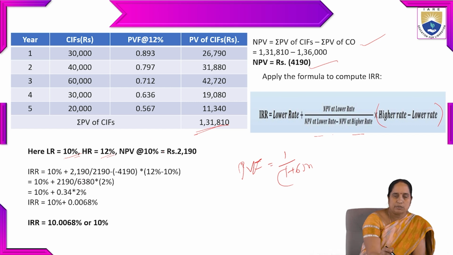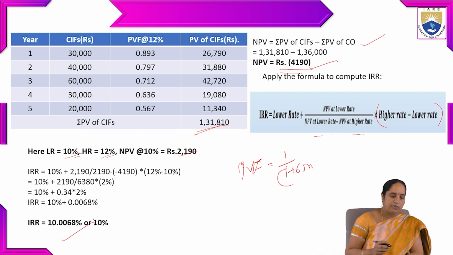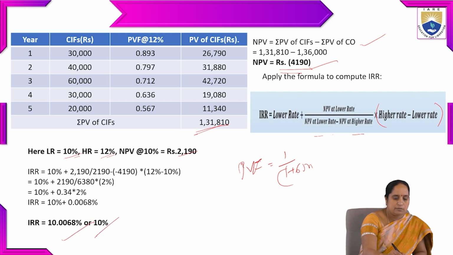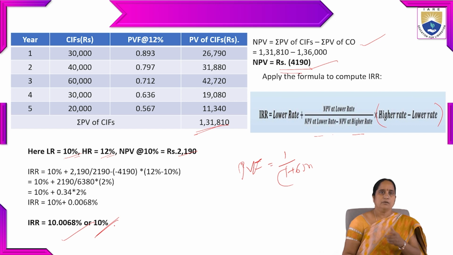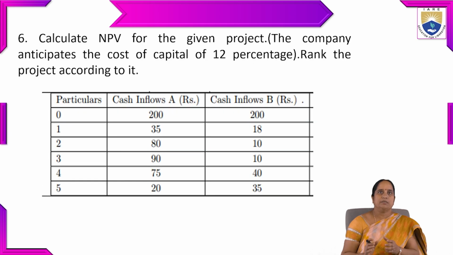NPV at 10% is positive and NPV at 12% we got negative NPV. So substitute these values in this formula and we got the IRR value as 10%. So IRR is that rate of return where the NPV is equal to 0. It means that the present value of cash inflows is equal to present value of cash outflows.